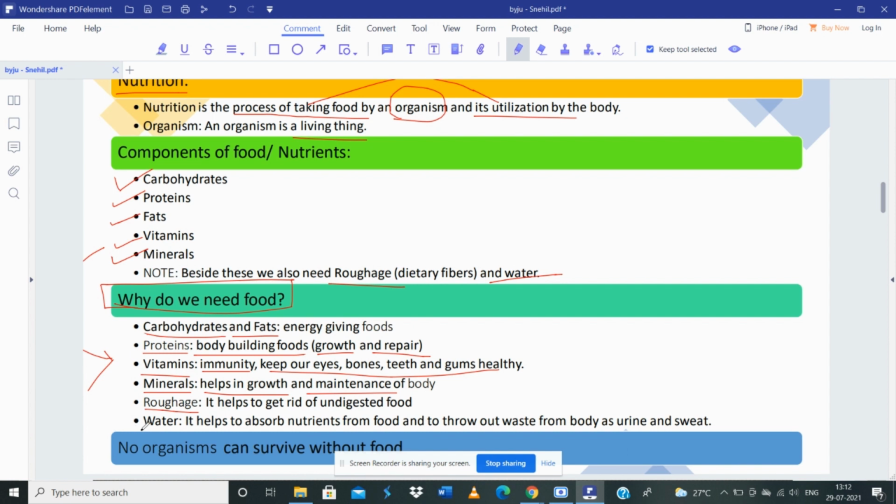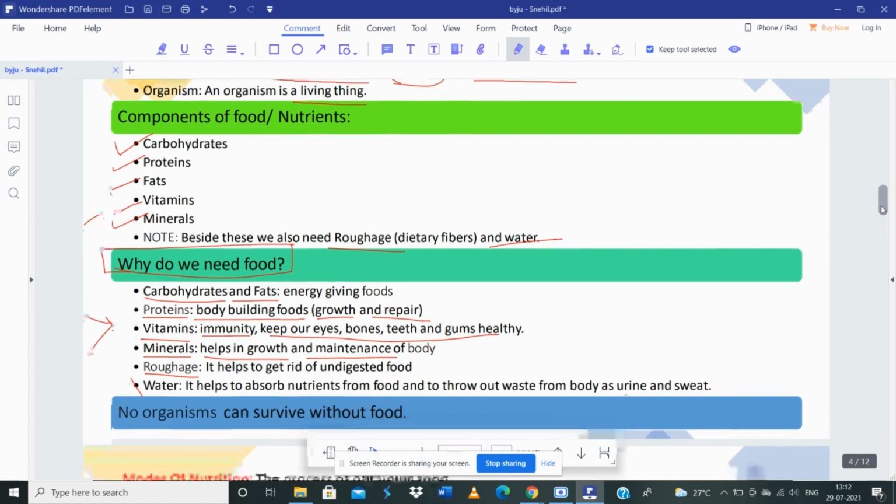Okay. Lastly, water. Water is very important, right? So, in the case of water, it performs majorly two important functions. First one is that it absorbs nutrient from food, and secondly, it throws out waste from body in the form of urine and sweat. Okay, so we can simply say that why do we need food?